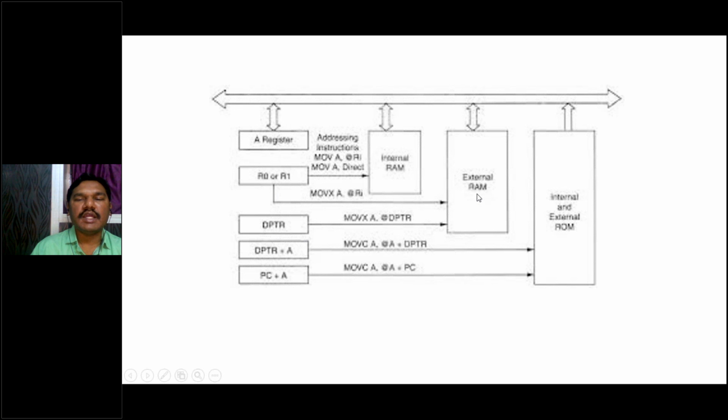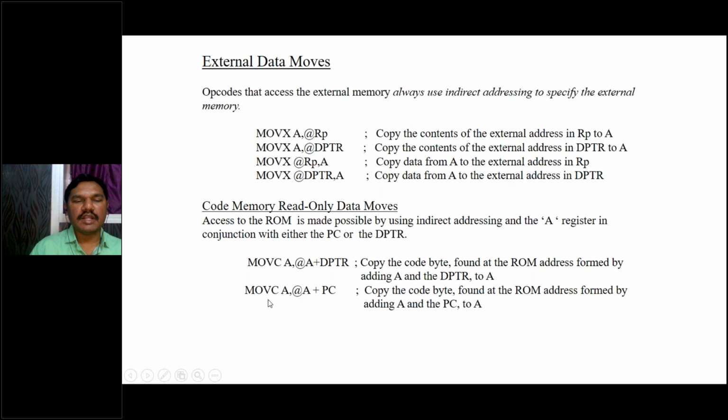Internal and external RAMs use MOVX A, @R1 or MOVX A, @DPTR. DPTR gives the 16-bit address, and @R1 gives the 8-bit address. For ROM, the addresses are formed by MOVC A, @A+DPTR and MOVC A, @A+PC, and these addresses may be 8 bits or 16 bits in terms of DPTR and PC.